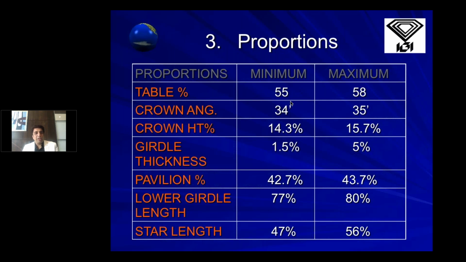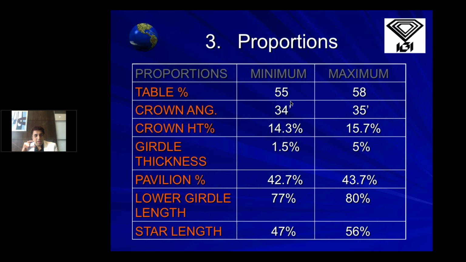The table percentage, if you see, should be closely between 55 to 58%. Crown angles 34, 35, you can't play much with that. Crown height also similar, 14 to 15%. The girdle thickness, you should keep below 5% or just up to 5%.